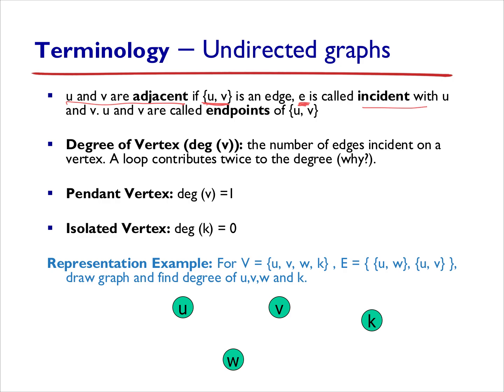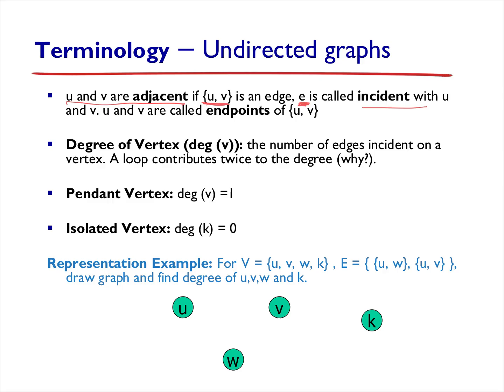I will give a small write-up here that probably will clarify the confusion if you have any. And then also we can say that the edge E has two endpoints, U and V. This means that this edge is connecting U to V.